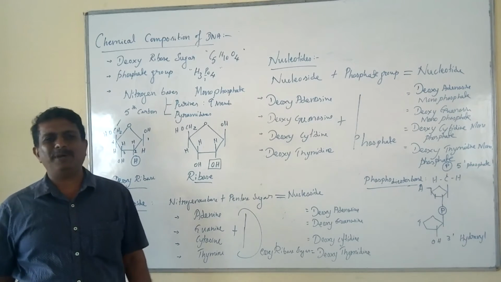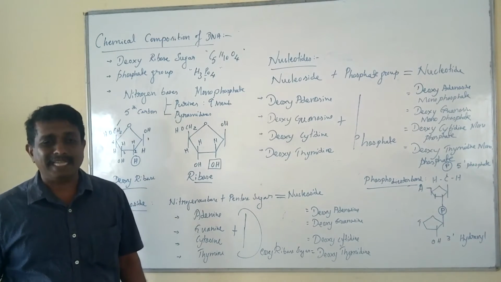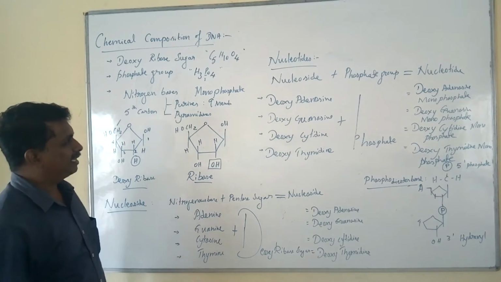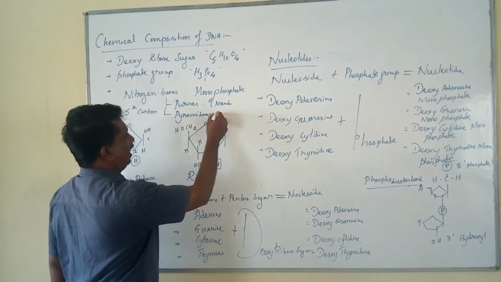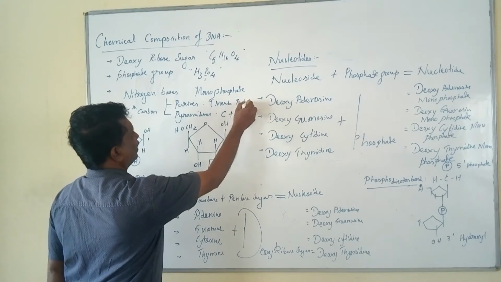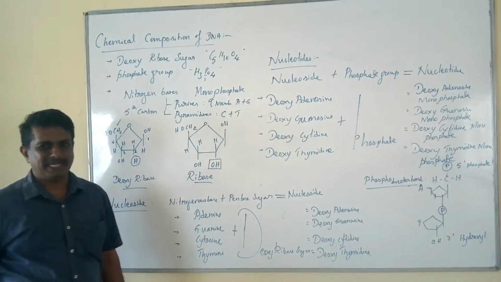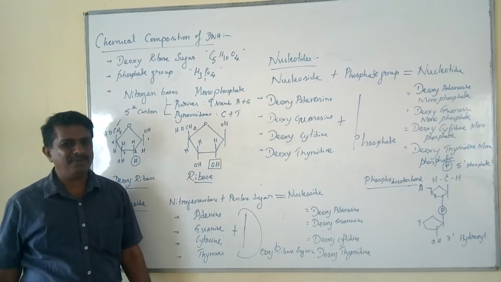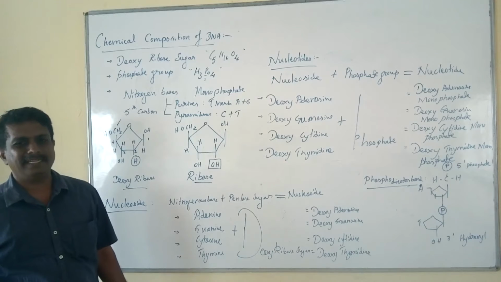There are two types of pyrimidines, namely cytosine and thymine. Cytosine and thymine are the two important types of pyrimidine derivative found in the DNA.